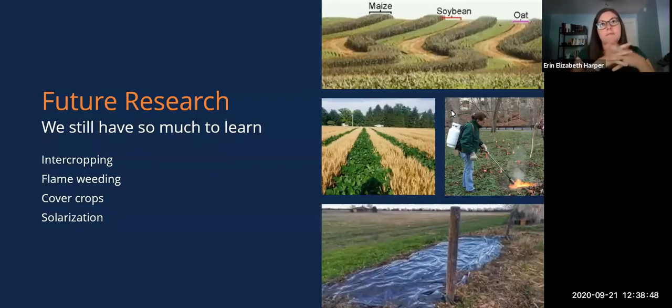Or I think they were talking a lot about flax and how it worked with chickpeas and stuff like that, and either growing together or growing following. So there's a lot more research going on right now that really needs to be looked at. We do think that intercropping could have potential. We just need to really figure out which plants go well together.